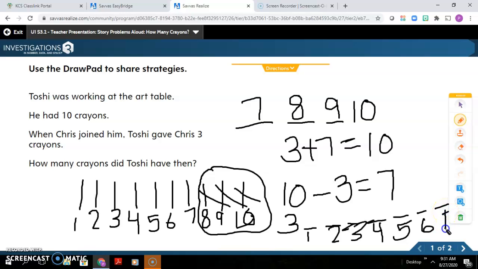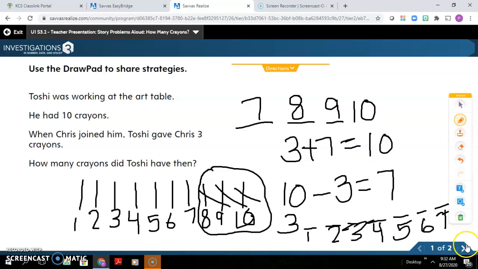I guess I'm too close to the end of the board. Let's see if I can make a 7. All right, so that could be another strategy, counting back from 10, counting back 3, or counting up, starting with 3 and counting up to 10, which would be 7.